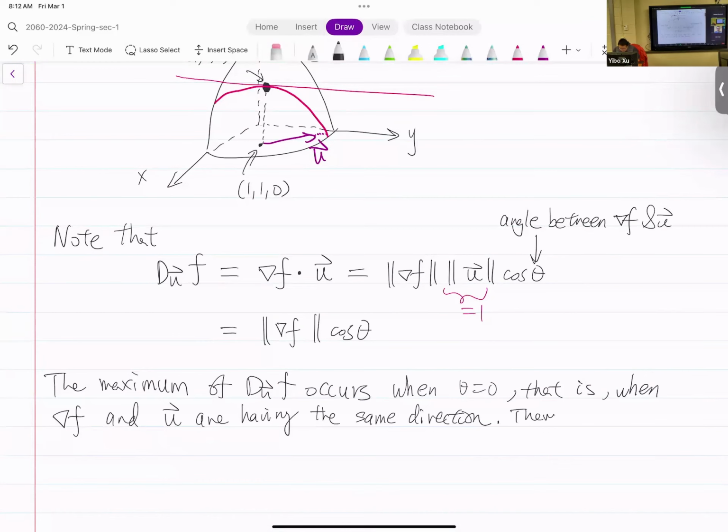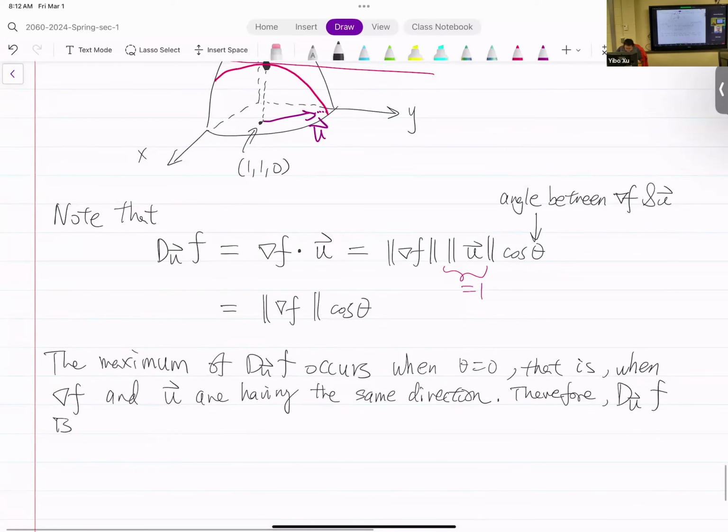Therefore, the directional derivative is maximized when u is of the direction of nabla.